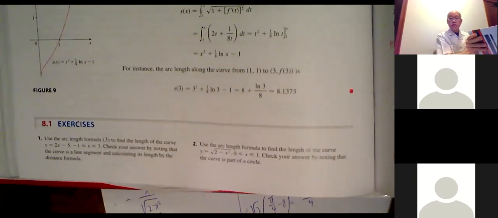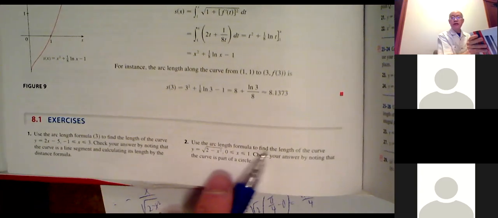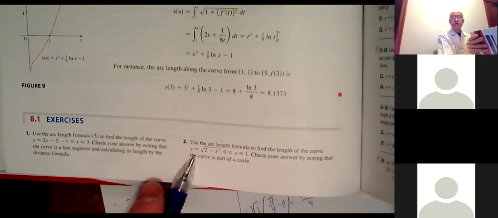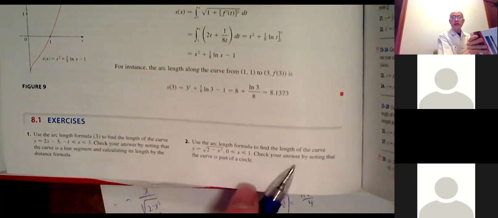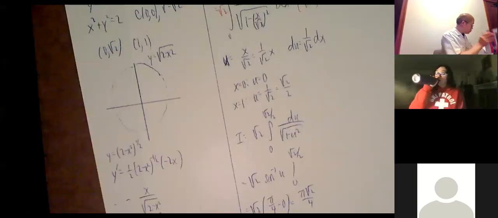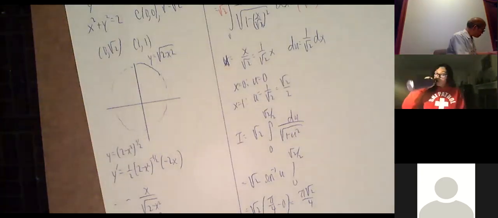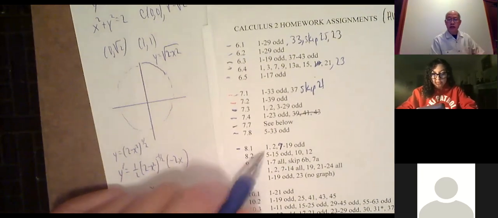Question number 2: use the arc length formula to find the length of the curve y equals the square root of 2 minus x squared, x between 0 and 1. Check your answer by noting that the curve is a part of a circle. Okay, so what do they mean by that? Let me mark this off, and then I'd be pretty much done with 8.1, and that's the only even one.